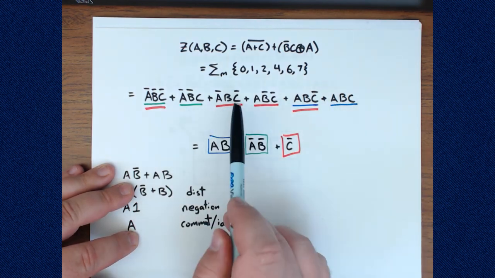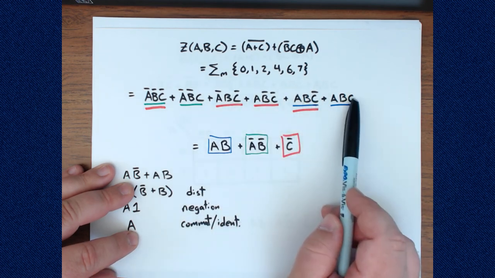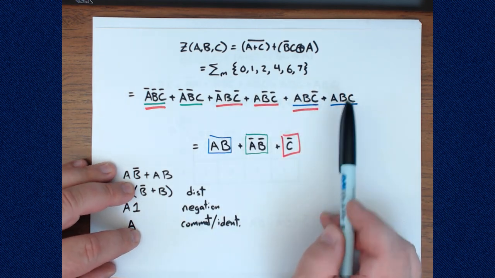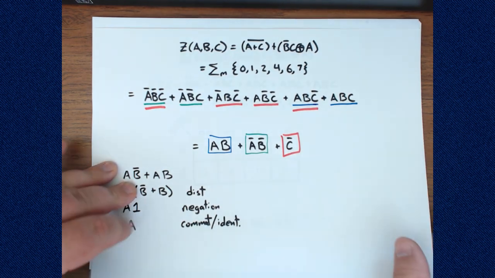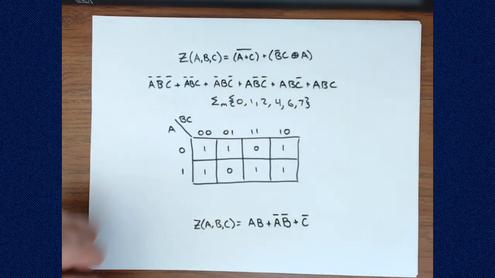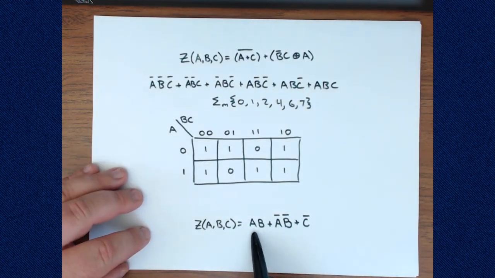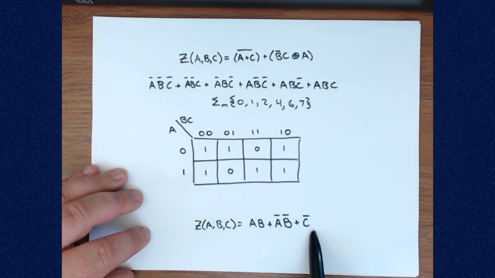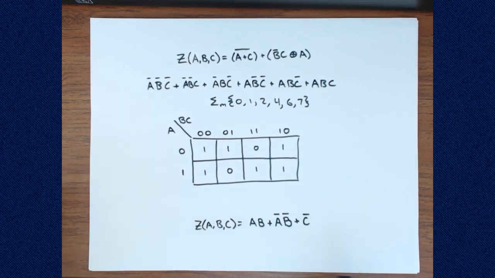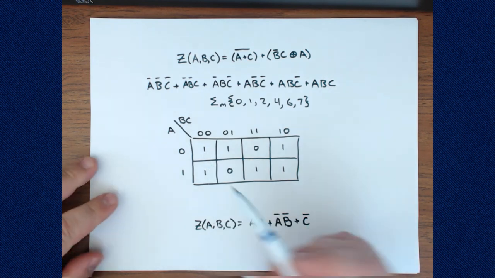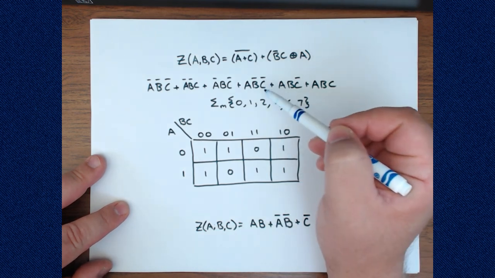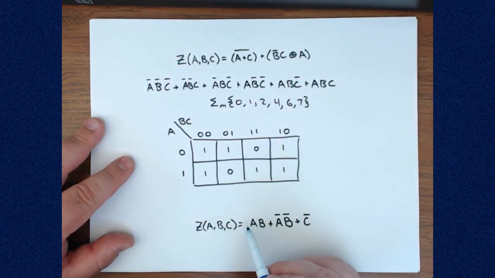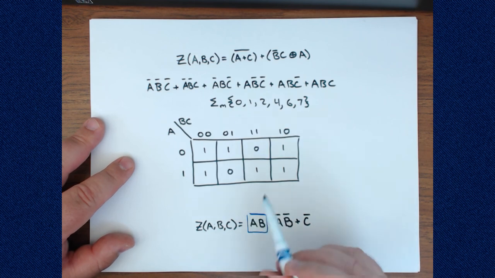And once we reduced each product from the original complete sum of products expression at least once, then we knew we had full coverage down here in this expression. So here is that same expression, the reduced one, the simplified one. We're going to do the same thing we did before. But instead of marking the relationship from here to the complete sum of products, we're going to go from the simplified sum of products to the Karnaugh map.